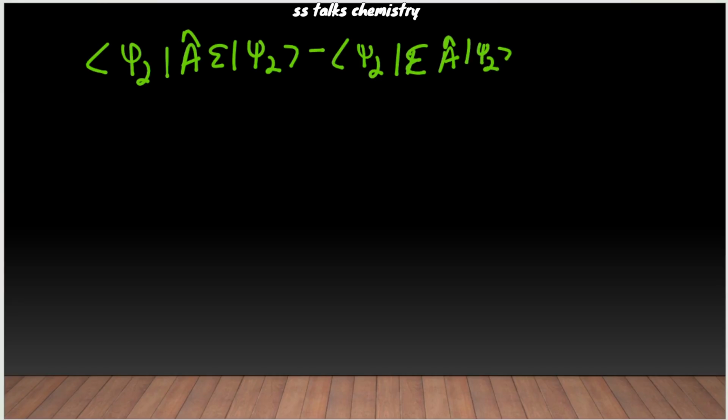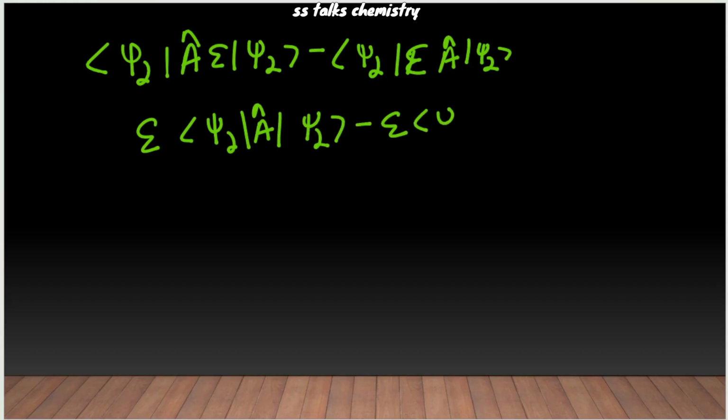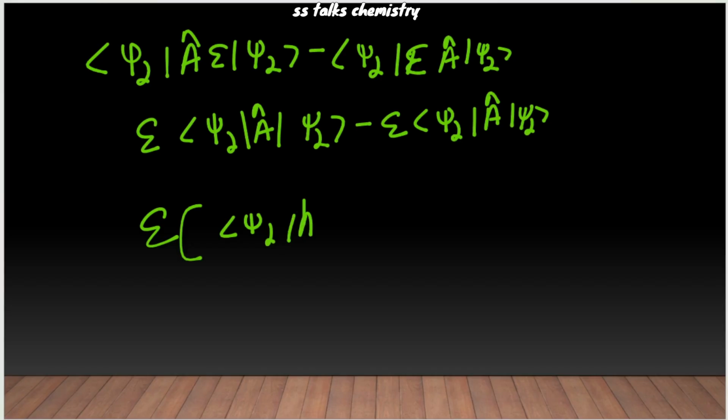Now this E comes outside, so it becomes psi2 operator A psi2 only, minus the energy into psi2 operator A psi2. The energy comes outside, again psi2 operator A and then psi2, right, minus psi2 operator A and psi2.